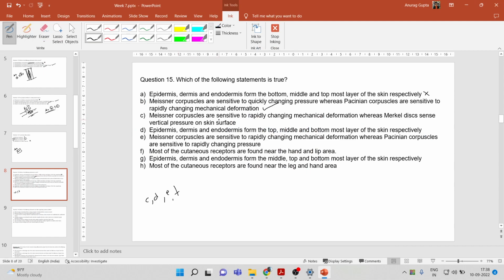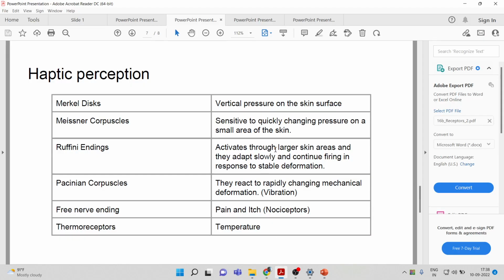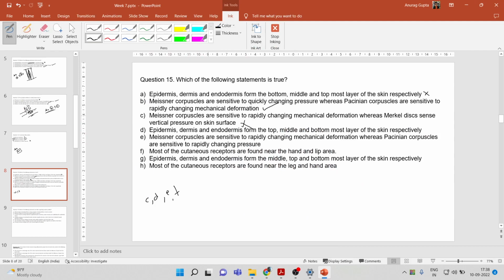Then, Meissner corpuscles are sensitive to rapidly changing mechanical deformation, whereas Merkel discs sense vertical pressure on the skin surface. We have already seen that this is not the correct answer. We can verify this. The Merkel discs sense vertical pressure on the skin surface. This is correct, but the Meissner corpuscle part is not correct.